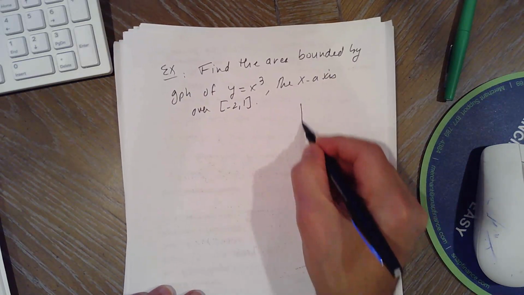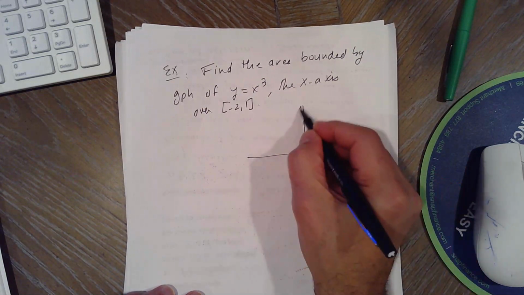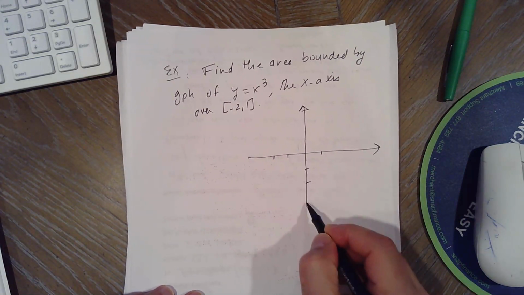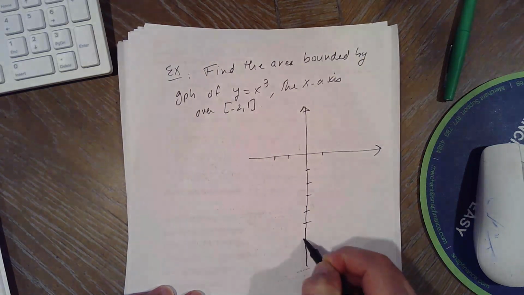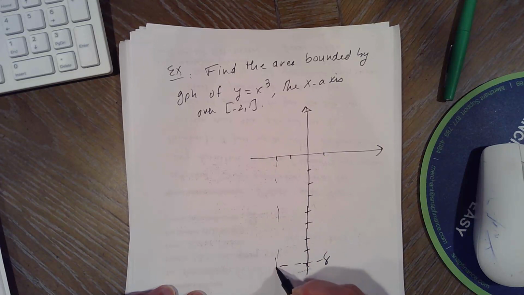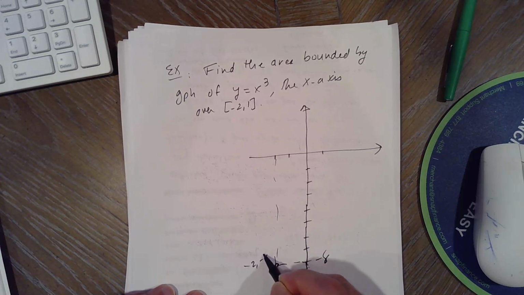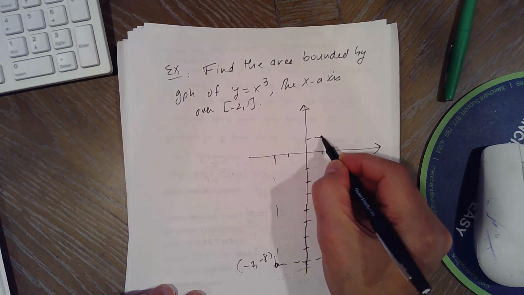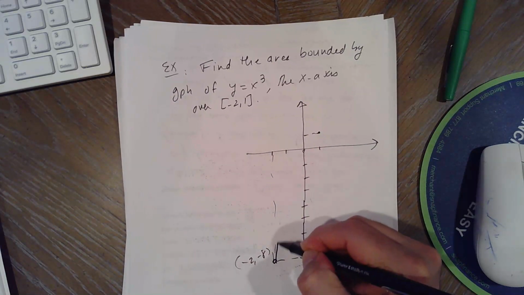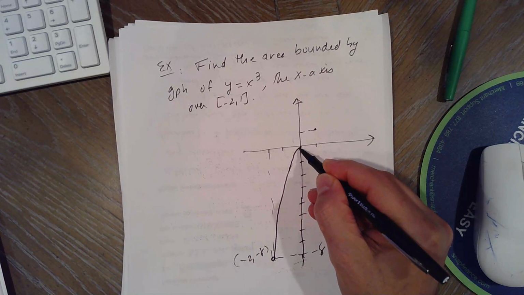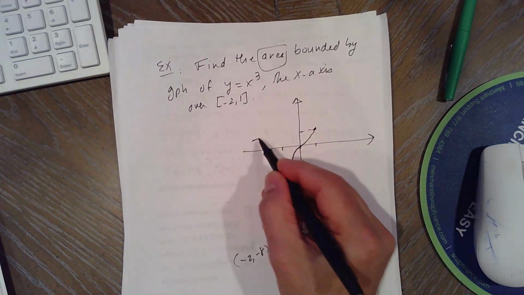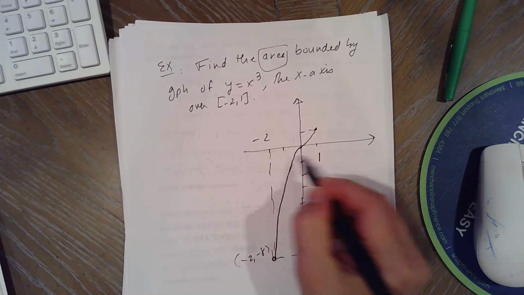So we've got to graph it to see what we're looking for. At -2 we have -8, and at 1 we have 1, and at 0 it's 0, so we're getting something like this. Since we want an area, if we do -2 to 1, we get the definite integral.